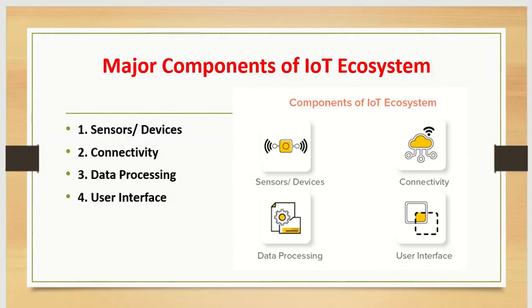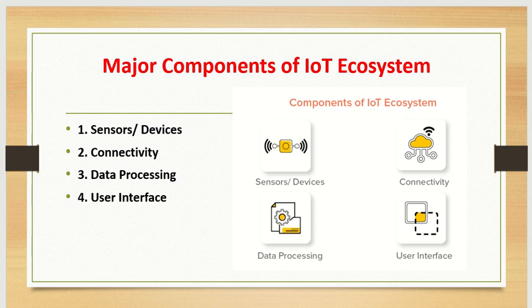There are four major components of IoT. The first one is sensor devices, then connectivity, processor, and user interface. The first one is sensor devices. These are like little gadgets that can sense or measure things in the real world.